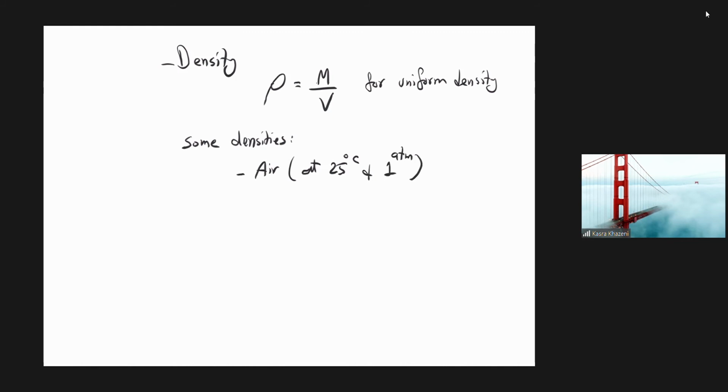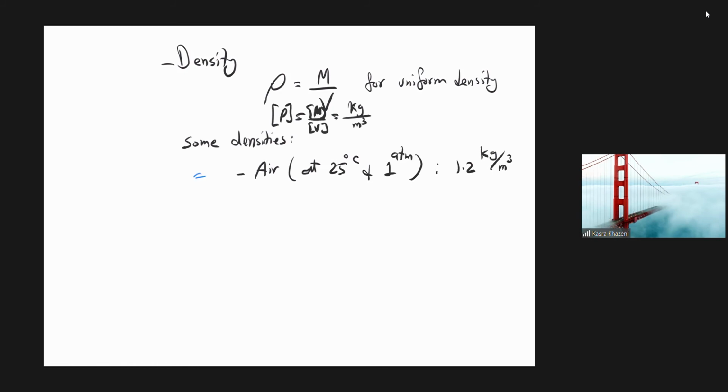So density for air is 1.2 kilograms per meter cubed. You can see the units of rho is units of mass over units of volume, which is just kilogram per meter cubed. All right, so what does that mean? Air is 1.2 kilogram per meter cubed.